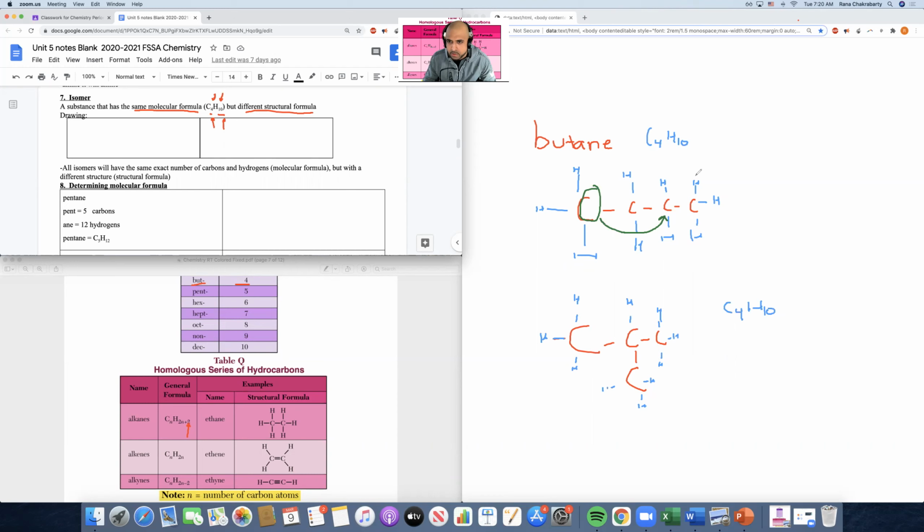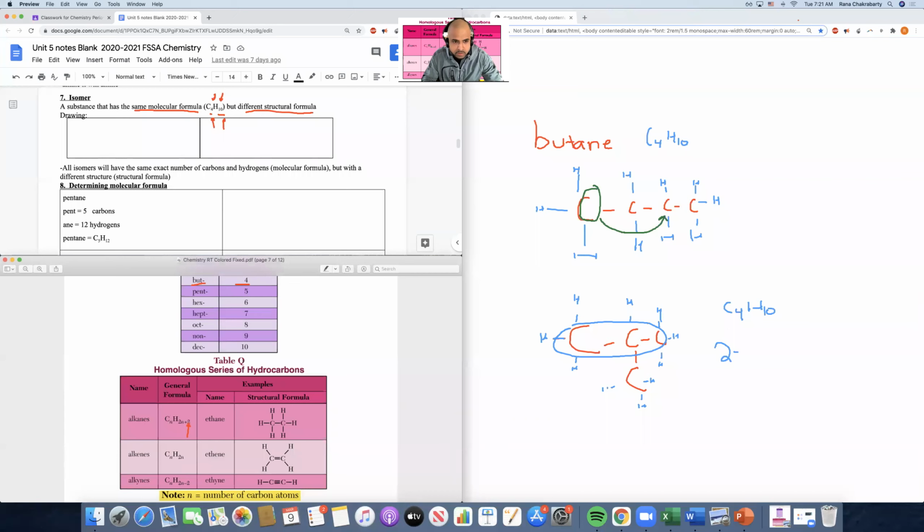So when you name these, you want to name the longest chain first. The longest chain is 3. I could have also gone in a different direction, but I'll show you that in a second. So if I go across, the second carbon has a methyl group. So the second carbon has 1 carbon coming off.